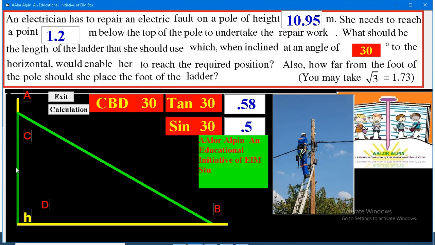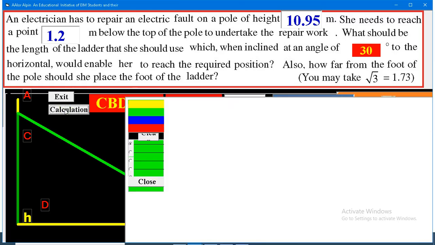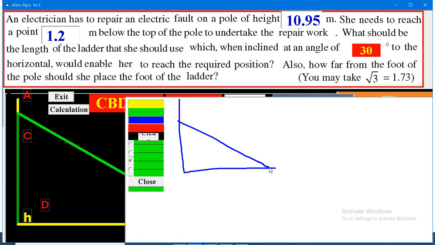This AD is given as 10.95 and AC is 1.2 meter. Let us say we'll start the problem here. This point is A here.